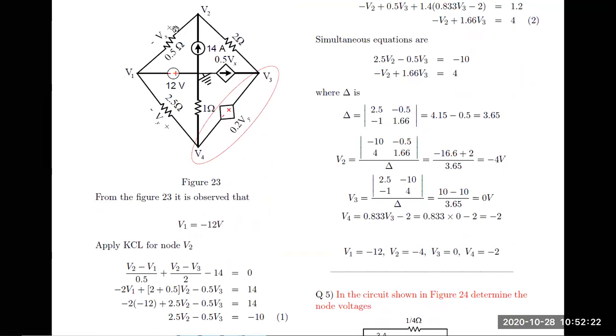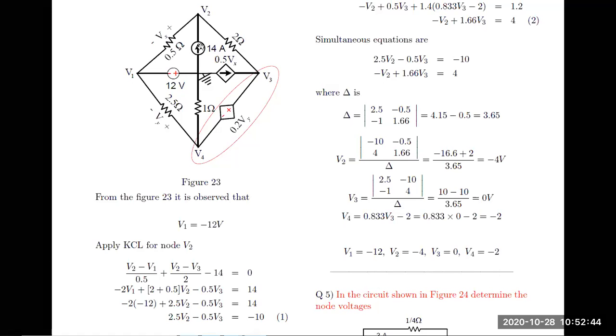apply KCL for node 2. Any connections there? So we will observe the connections. One current source is coming, and between V2 and V1 there is a resistance, and between V2 and V3 there is a resistance. How many connections are there? 3 connections.